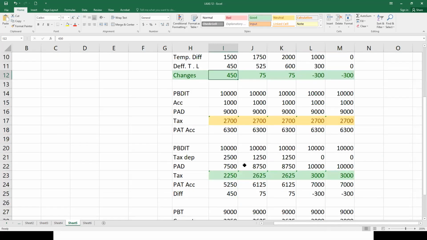Again, we have taken a hypothetical example where the profit for the year is 10 million. We calculated the profit after tax based on the accounting rule, the accounting profit, as well as the tax profit.